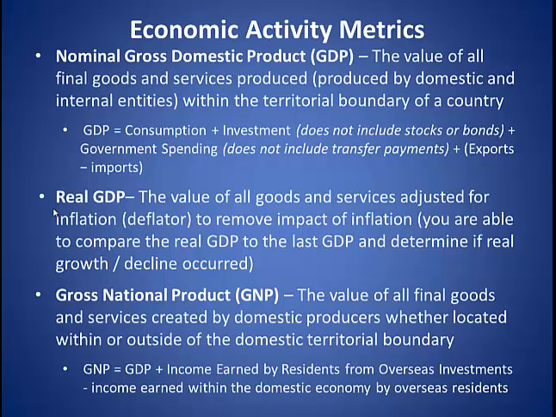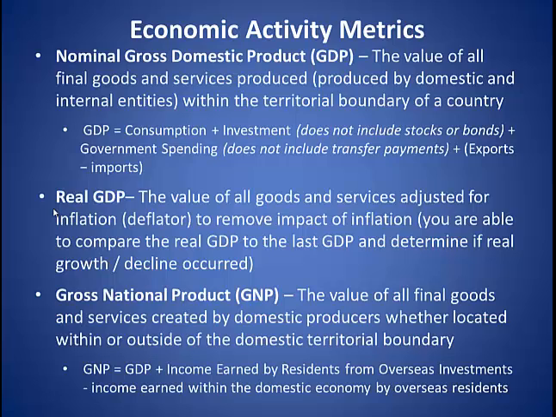In other words, you're able to compare the real GDP of one year against the real GDP of last year, and they're both stated in terms of the same dollar amounts. So you can actually determine if real growth or decline has occurred. We do this adjustment, as we'll see in the next slide or two, through what we call a deflator or series of deflators.